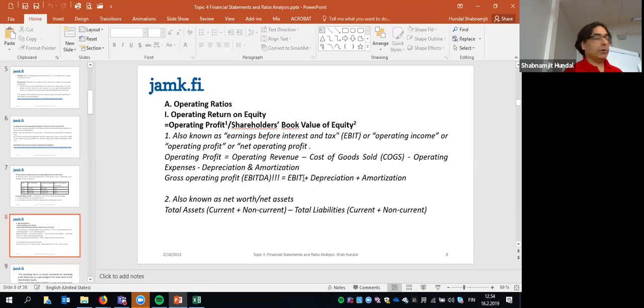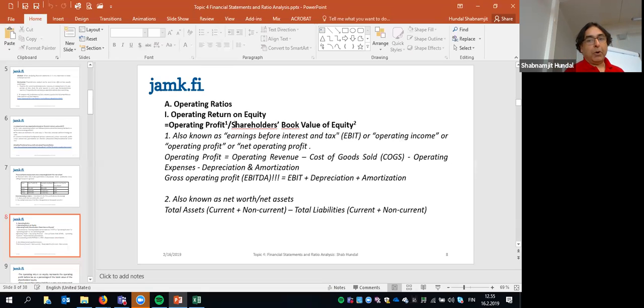So my suggestion to you is EBIT or PBIT, as some companies use the word profit rather than earnings. So they can call it PBIT, profit before interest and tax. Or some can use earnings before interest and tax, EBIT. This is the net operating profit which we use. Some people call it net operating income. Doesn't matter, as long as you know what I talk about.